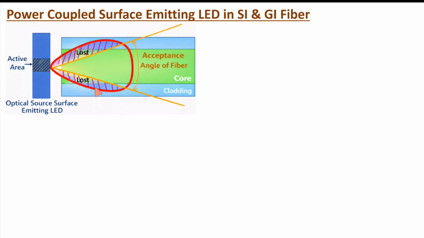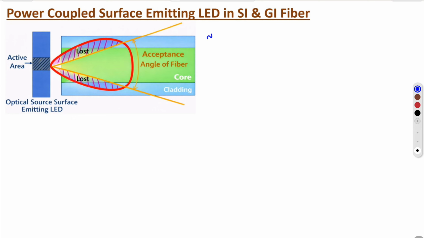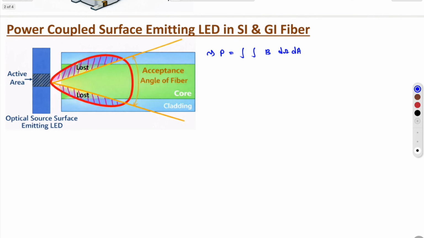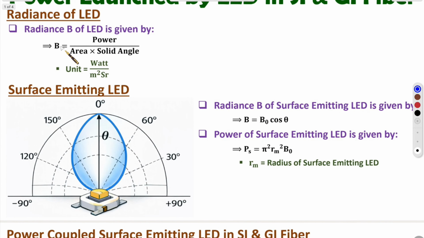Now I'll calculate the power radiated by surface emitting LED. To calculate power for surface emitting LED, what we need to do? We need to integrate this radiance with respect to steradian and area. I have told you radiance is power per area and solid angle.